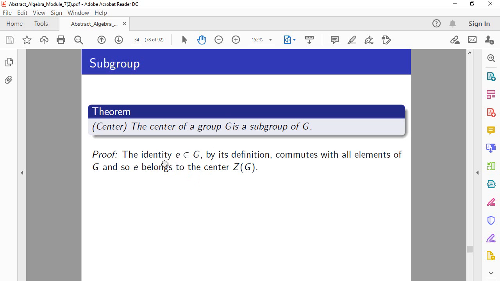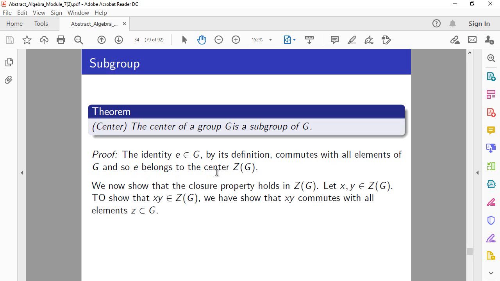So I'm claiming that the identity belongs to the center of G because by definition, the identity commutes with all the elements of G. The identity e in G, by its definition, commutes with all the elements of G, and so e belongs to the center of G.